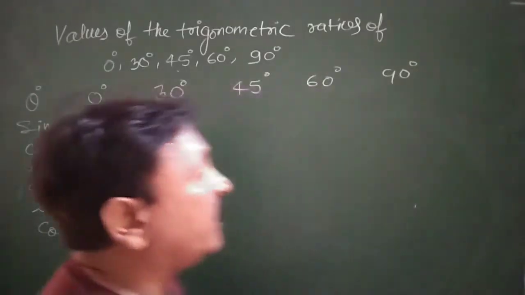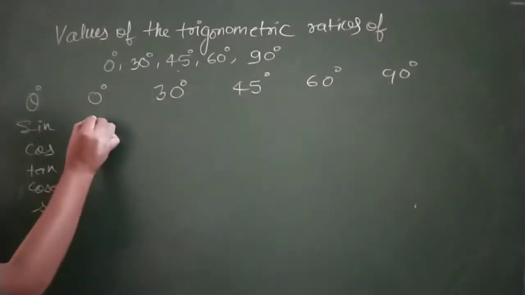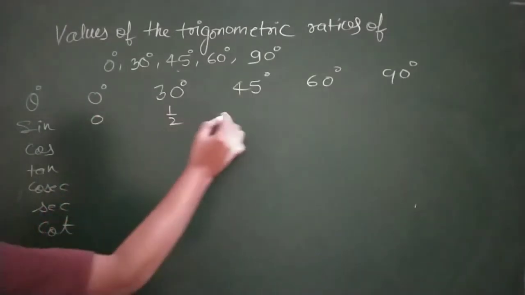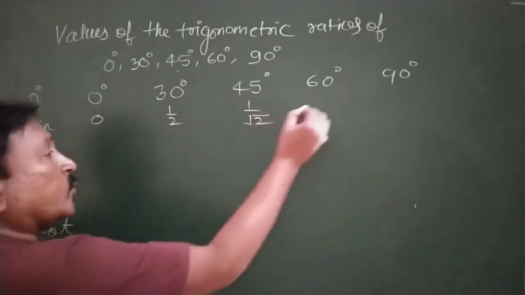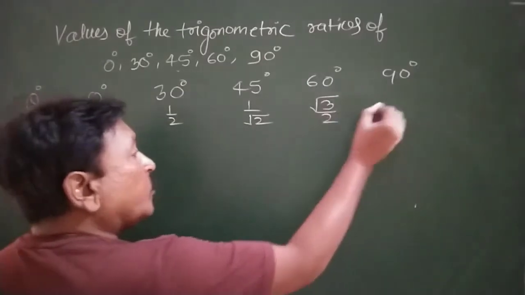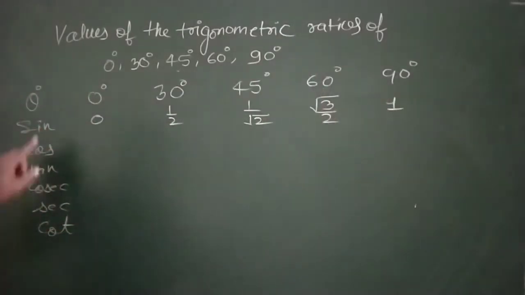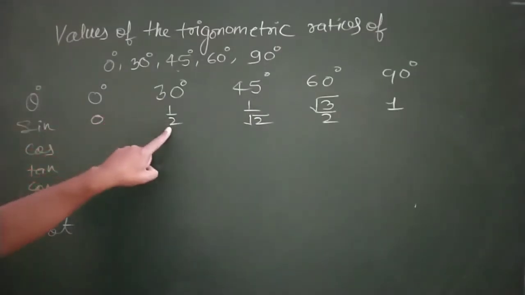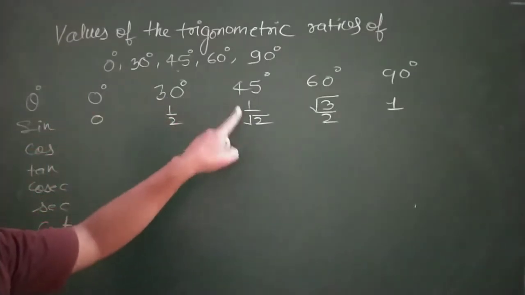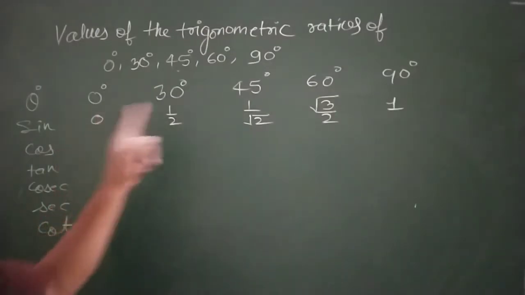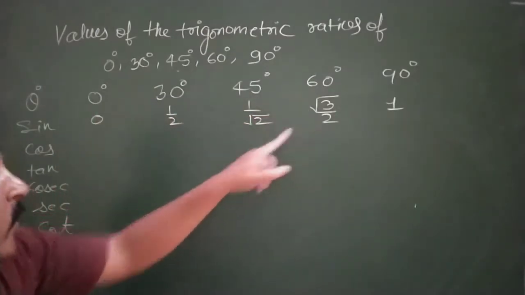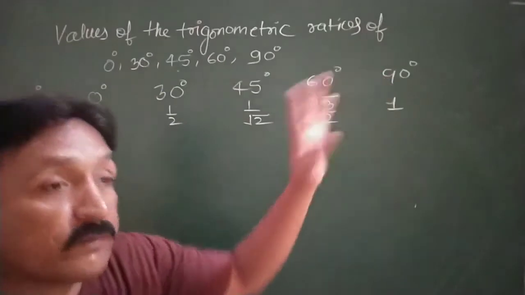Okay, just see it. It is 0, 1 upon 2, 1 upon root 2, root 3 upon 2 and 1. Means sine 0 degree value is 0, sine 30 degree value is half, sine 45 is 1 upon root 2, sine 60 degree value is root 3 upon 2 and sine 90 value is 1.